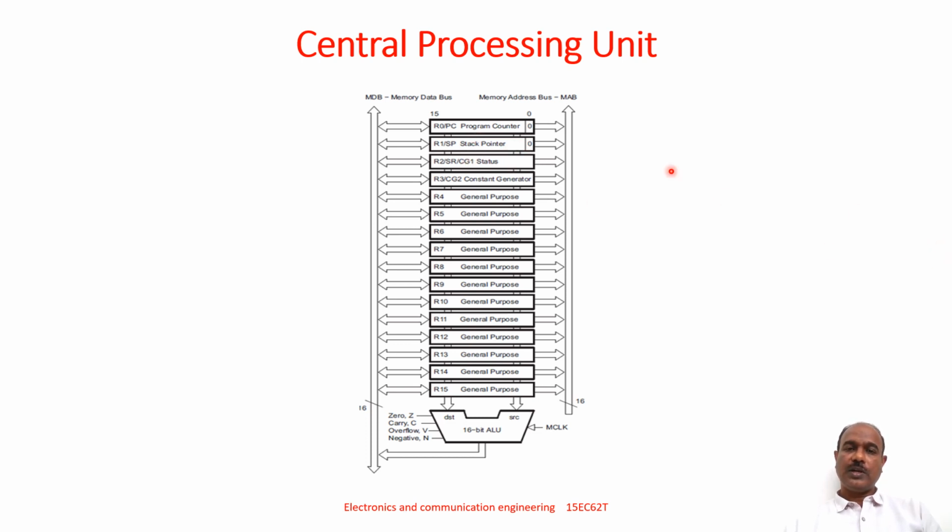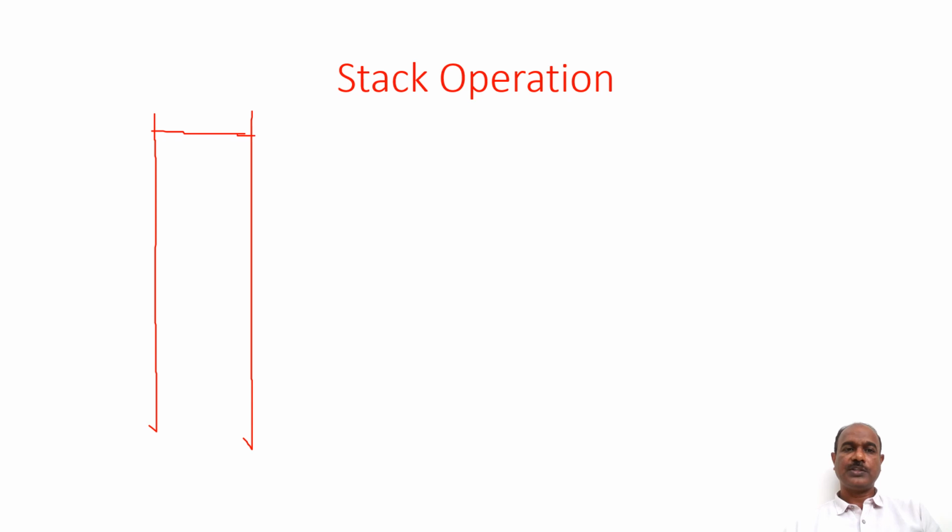Let us see how the stack pointer can be used to access the stack. Now assume that this is the memory of my MSP430 microcontroller. These are the memory locations.